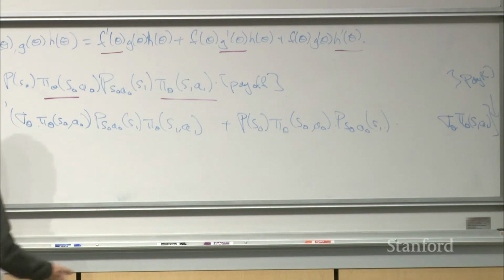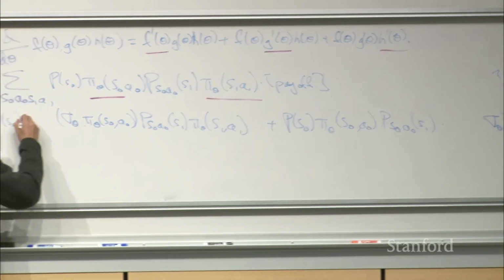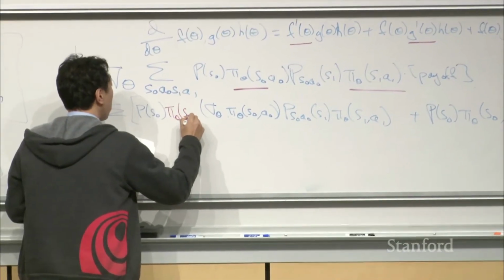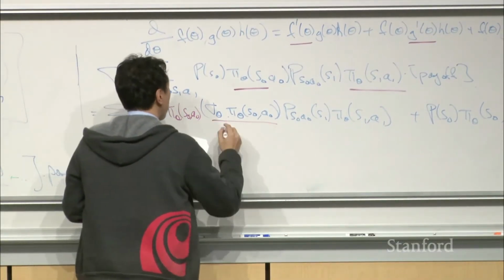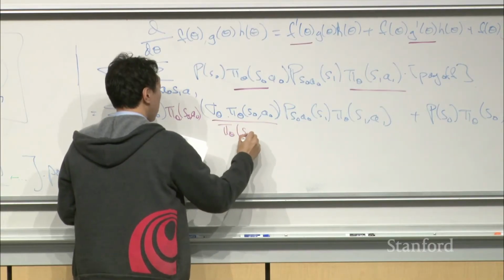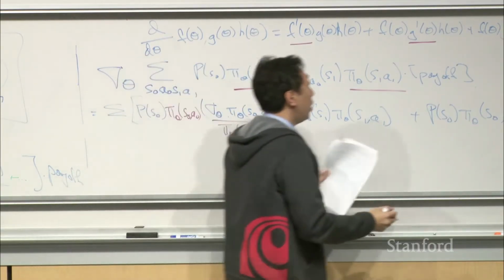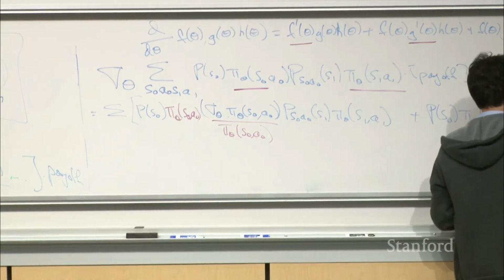Okay, and now I'm going to make one more algebraic trick, which is I'm going to multiply and divide by that same term, and then multiply and divide by the same thing here.